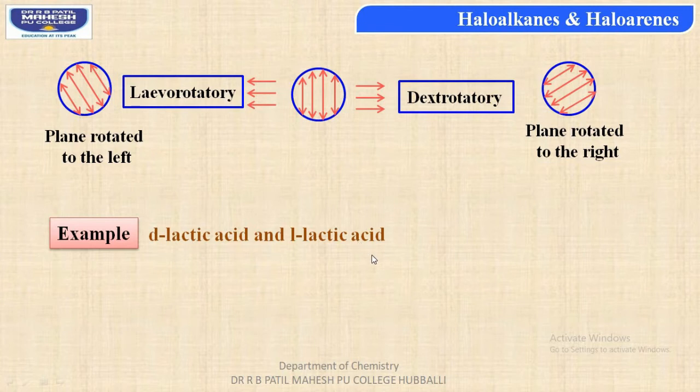And the second one is L-lactic acid, meaning levorotatory. It rotates the plane polarized light towards the left side or else anti-clockwise. So it is called L-lactic acid, levorotatory lactic acid. Or you can give the sign as minus lactic acid.